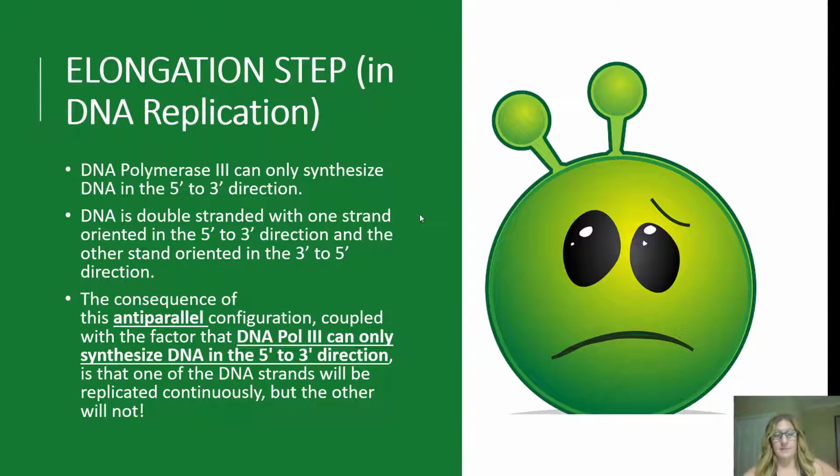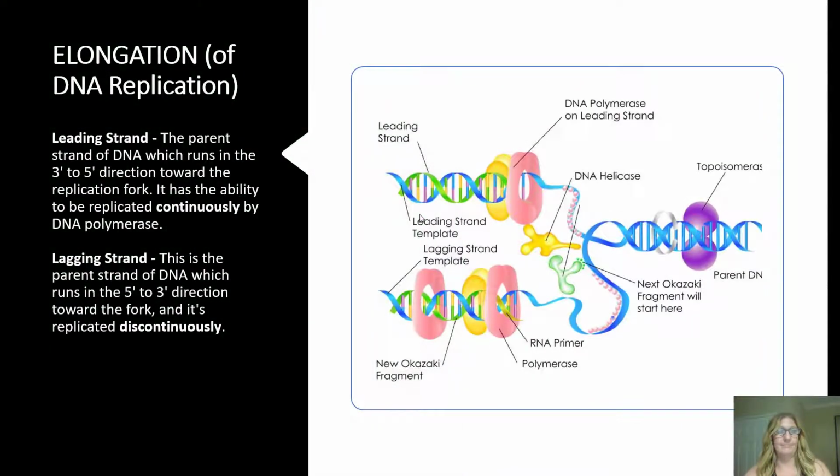So the consequence of this anti-parallel configuration, coupled with the fact that DNA polymerase 3 can only synthesize DNA in the 5' to 3' direction, is that one of those DNA strands is going to be replicated continuously, but the other one will have to be replicated discontinuously.